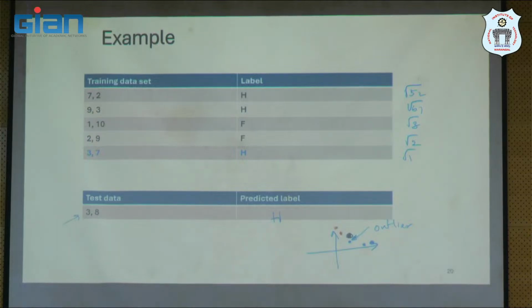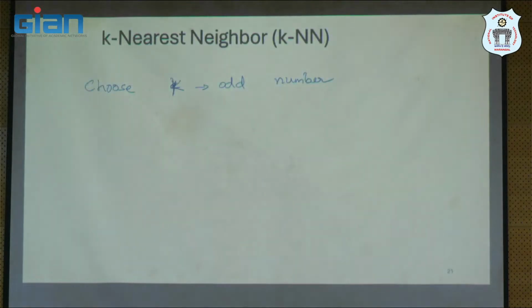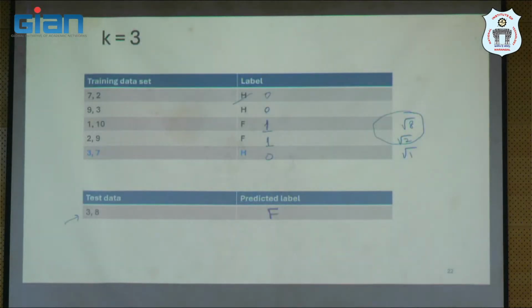So basically my decision would have changed again, right? So this is not a good example. However, you must keep in mind that choosing k can impact your outcome considerably. And the algorithm itself needs the value of k to be given by you.